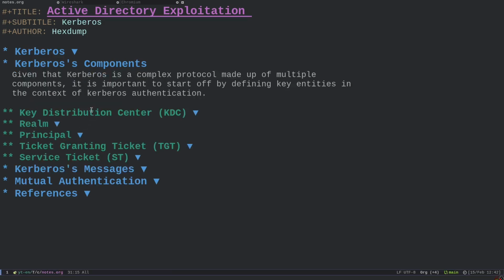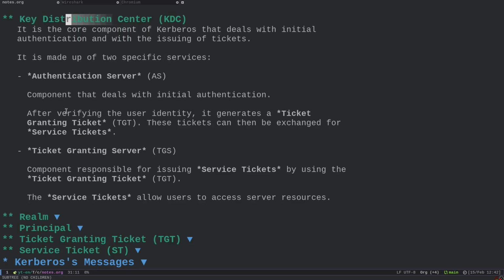So of course, we start with the Key Distribution Center, the KDC. Now the KDC is the core component of Kerberos, and it deals with initial authentication and with the issuing of tickets. It is made up of two specific services, the authentication server and the ticket granting server.